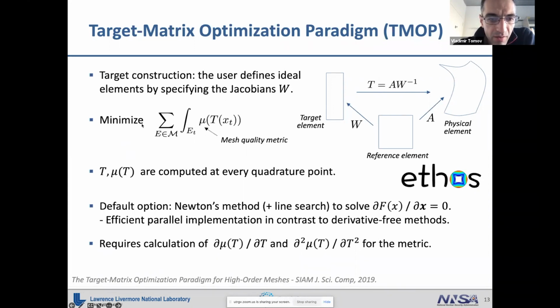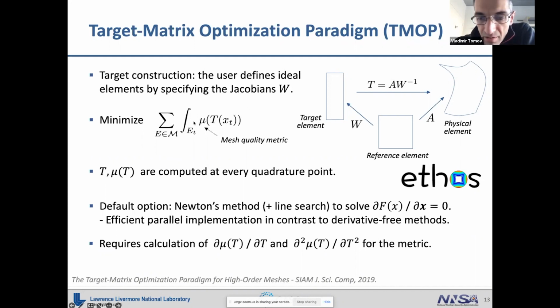So T here is this transformation. Mu is a mesh quality metric. There are many ways to measure differences. I'll show on the next slide, but mu is the metric, and then we try to minimize this integral. Mu is 0 when the target and the physical elements are the same, so perfect mesh, and mu increases when they're not the same.